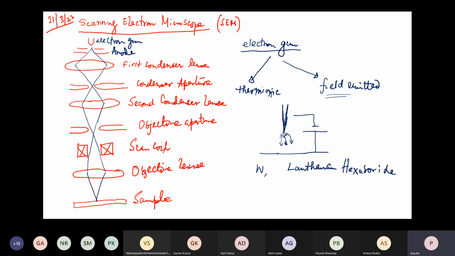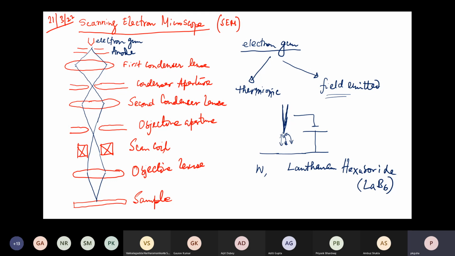These are popular materials to develop the gun. One technique is you pass current to heat up the filament, and because of this joule heating, as I mentioned, it provides enough energy for the electron to escape. Or you can apply a high electric field to extract electrons from the tip of the electron gun.